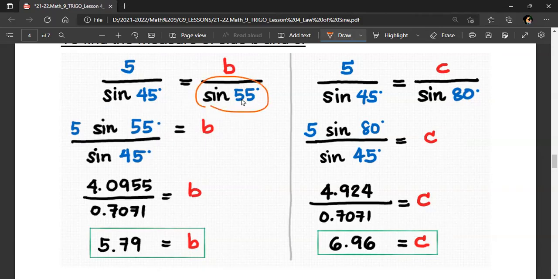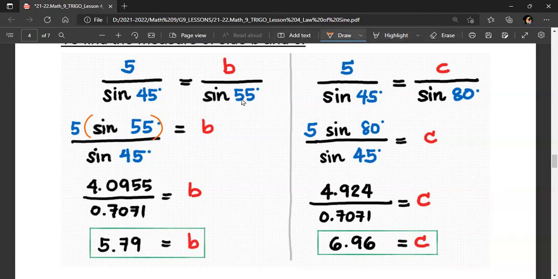The sine 55 can be multiplied with the whole ratio or fraction. Therefore, the sine 55 will be multiplied to number 5, or the whole fraction. That is why the sine 55 here is being multiplied with 5. It can either be on the whole fraction or in a single one, which is the side A.